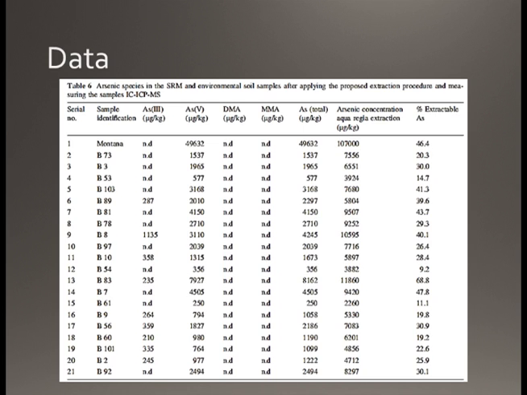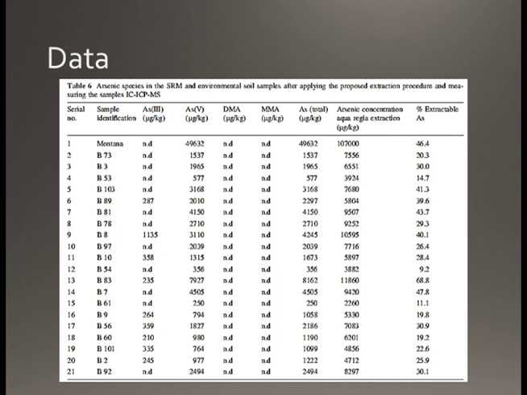The results show that there was no MMA or DMA found in the environmental soil samples, and the main species found was arsenate, which on the table is listed as arsenic 5. There was only arsenite found in 9 out of the 20 samples, which here is arsenic 3.